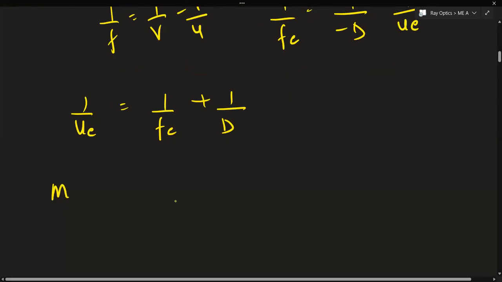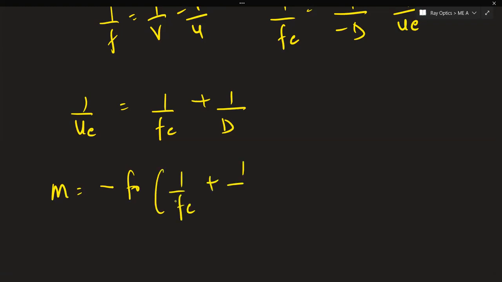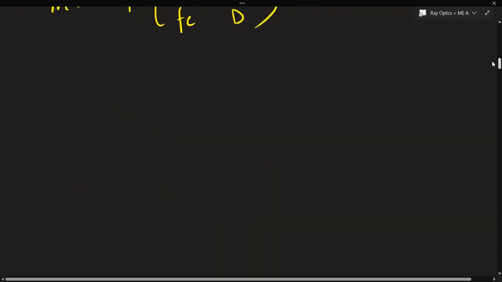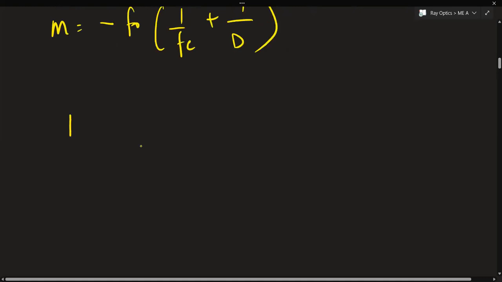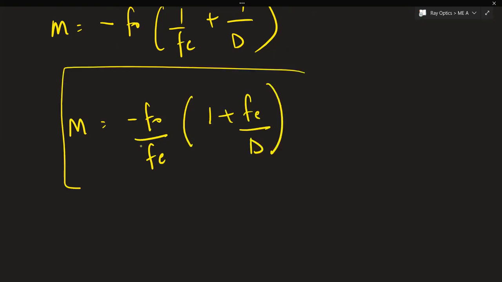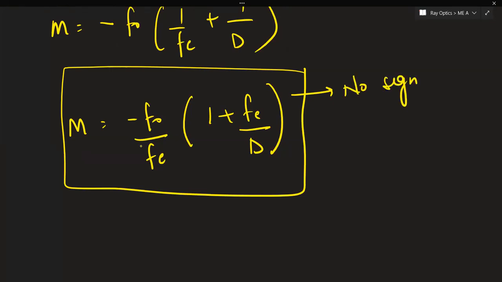So magnification becomes minus F naught times 1 by UE, that is 1 by FE plus 1 by D. So a better way to write this magnification is by taking FE common, so that becomes F naught by FE, times 1 plus FE by D. Do not again use sign convention, no sign convention for optical instruments. We do not use it.